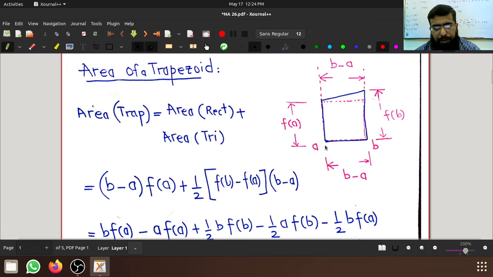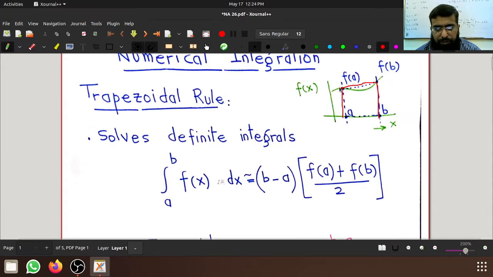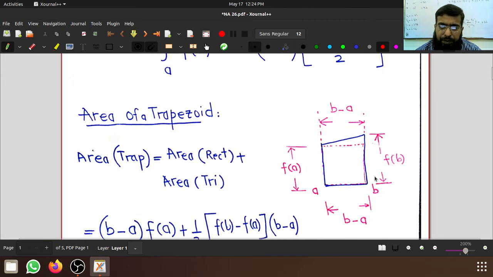The height of the left vertical line is f of a, because its value is f of a, and the height of the line on the right is f of b, because the value on the y-axis is f of b.